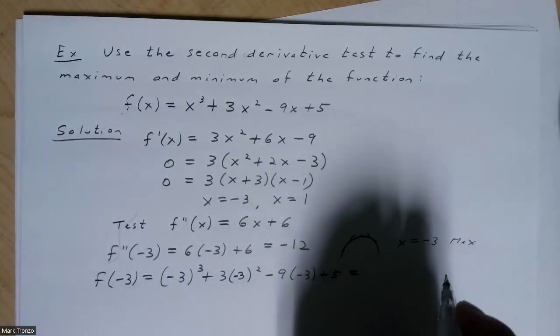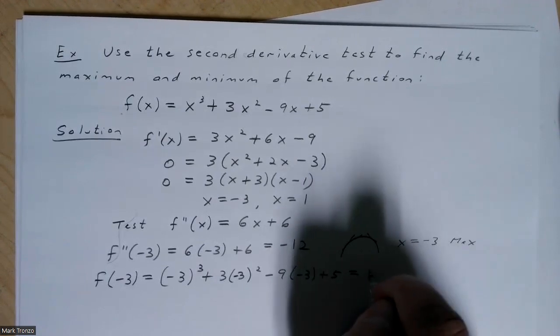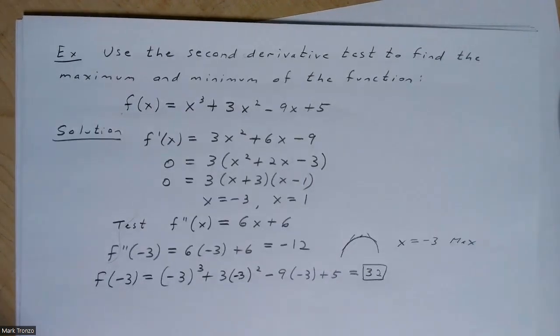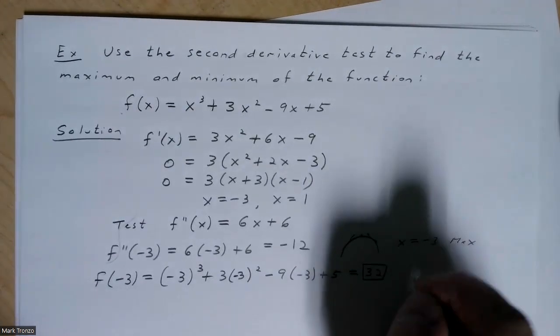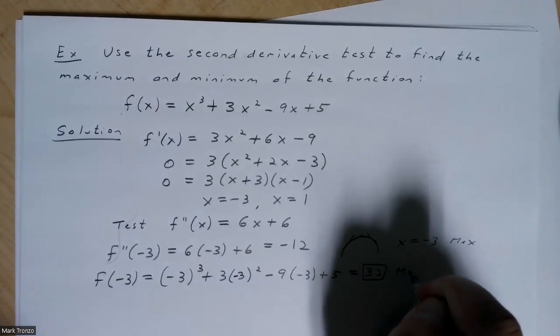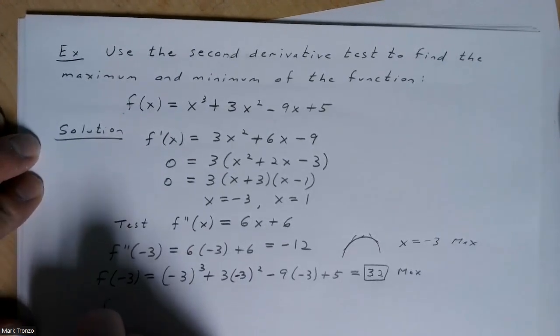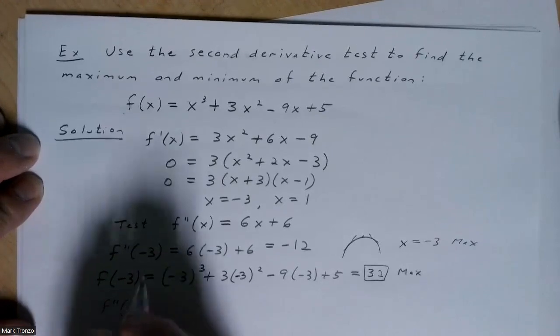It gives us 32. So again, the maximum occurs at x equals minus 3, and the maximum value of the function at that point is 32.